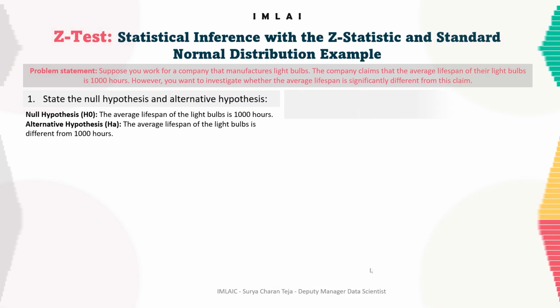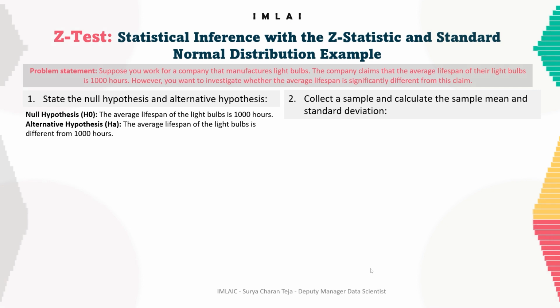Now step two. So what's there for step two for us? After stating the null hypothesis, now it's time to collect a sample and calculate the sample mean and standard deviation. So suppose you collect a random sample of 50 light bulbs and record their lifespans.